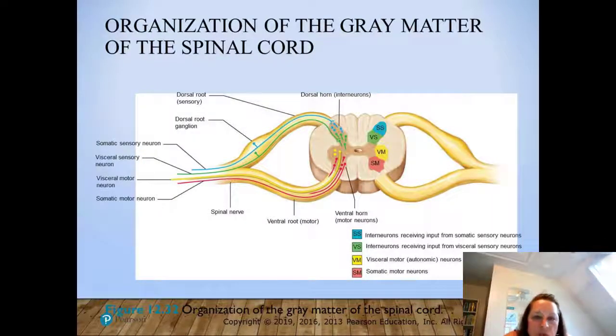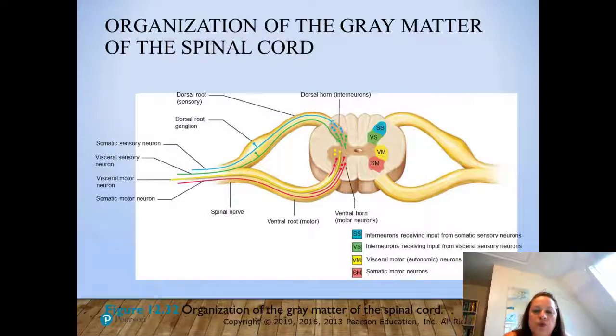So here we have some dorsal roots, some sensory going in. The ventral root, the motor output going out. But they end up meeting up back together here, the sensory and motor. Notice how we have the blue, the green, the yellow, and the red all meeting back up together. The sensory going this way and the motor coming out that way.